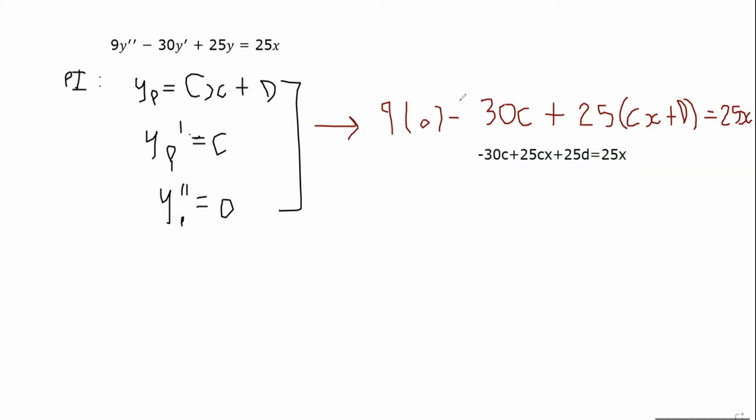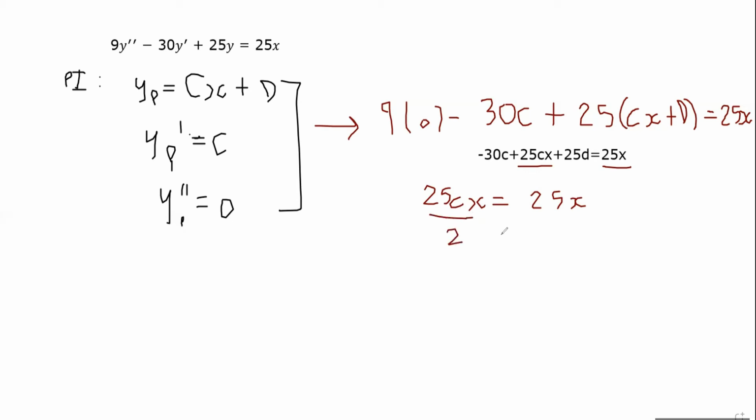All we have to do now is equate the x terms on each side. That means 25cx equals 25x. Solving for c, we divide both sides by 25x.